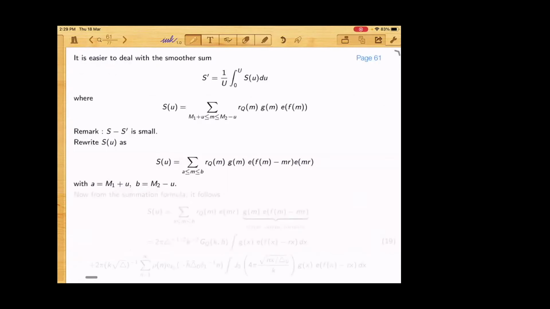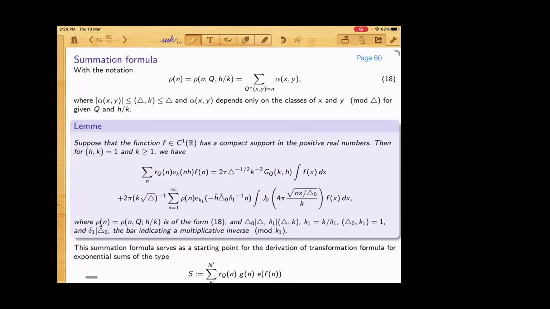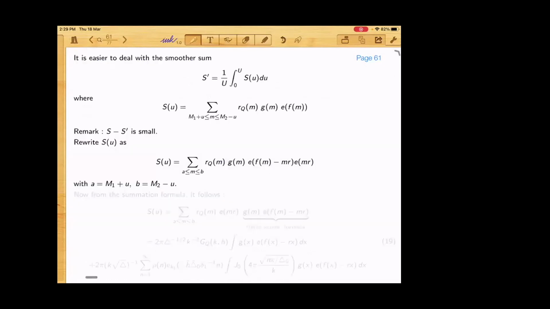Now instead of applying it directly to this sum S, it is advisable to use a smoothed version of this, namely 1 by U, integral from 0 to U, of S_U(t), where S_U is this. The difference between S and S prime is not big, so they are small. Now you can write S_U as this sum by removing a factor and then multiplying by e to the power of it.